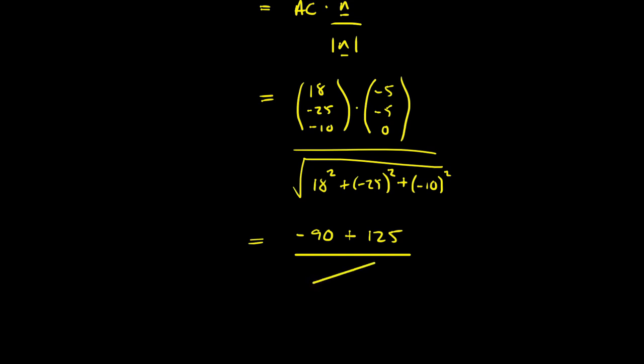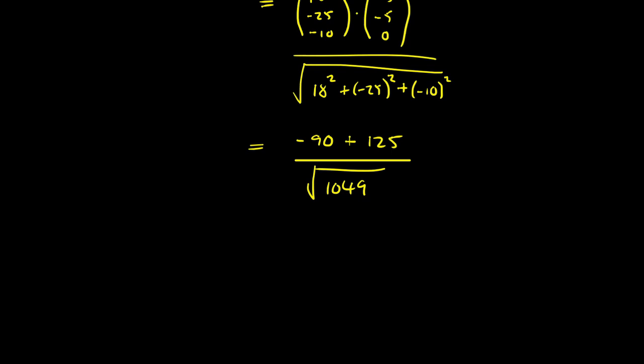So it's the square root of 1049. Okay, and then that will be 35 over root 1049. And I'm just going to check that against the mark scheme, see if that's the right guy. Yep, that's correct. Okay, so guys, I hope that was helpful.